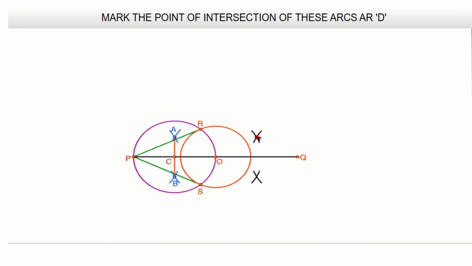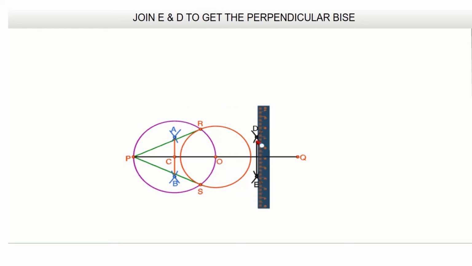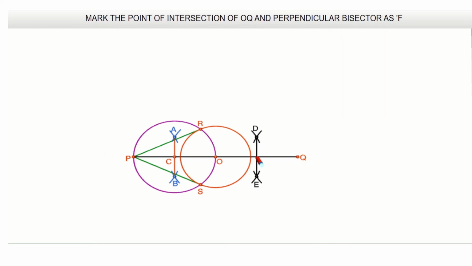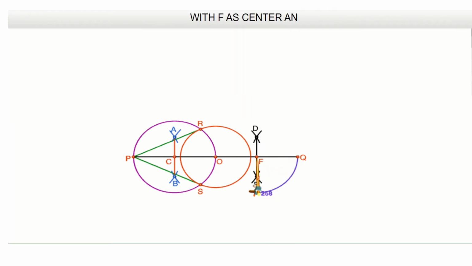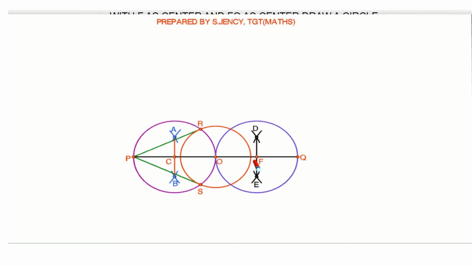So here I am marking as D and here it is E. Next I am going to join this. Now this DE line and this OQ line and a PQ line, that intersecting point I am going to mark it as F. With F center, FO radius, I am drawing another circle.